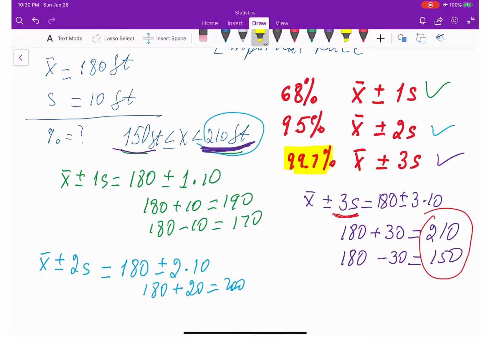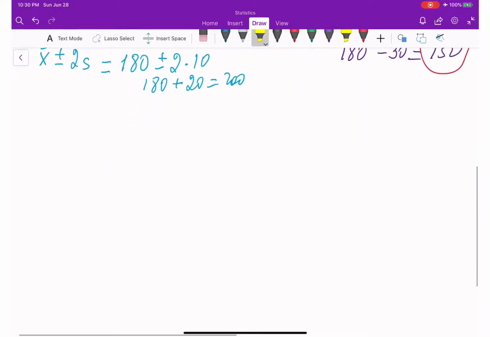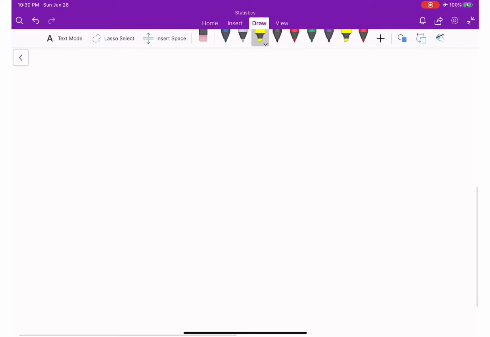From here, we can draw the conclusion that 99.7% of white pines are between 150 and 210 feet. That's all. Till next problem.